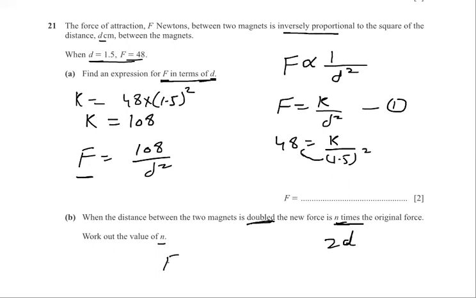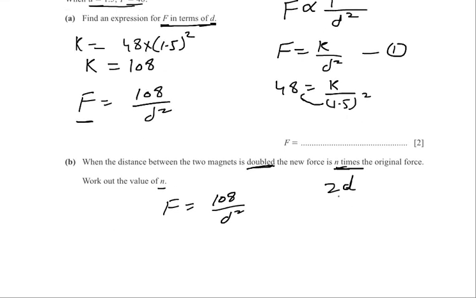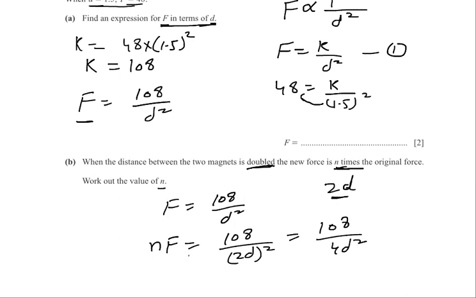So if you have F equal to 108 over d squared, when you double the distance, in place of d you put 2d, so F becomes n times F. It will be 108 over 2d squared. That will be 108 over 4d squared.